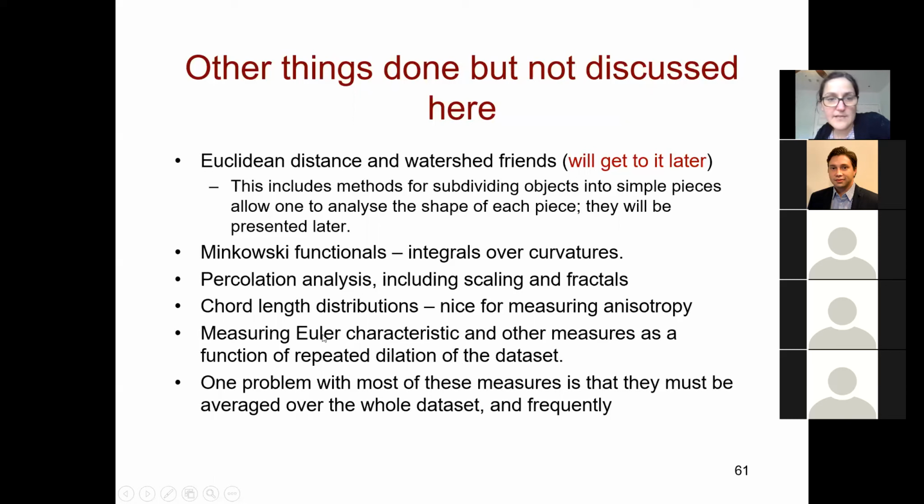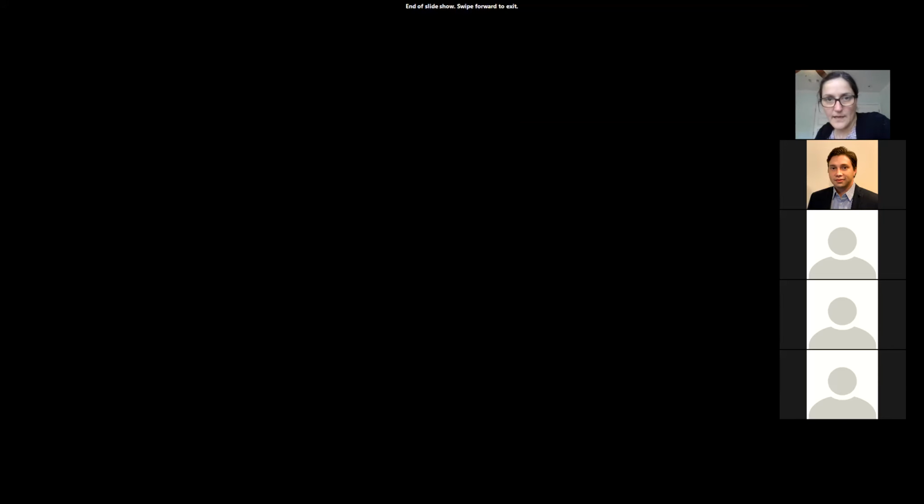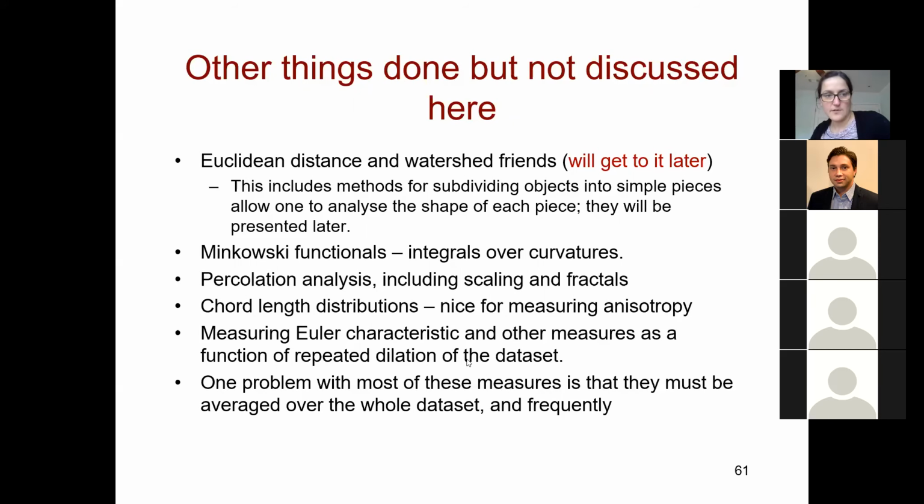Different types of percolation analysis, fractal dimension, those all technically exist in ImageJ and you can play with them, but there are just so many things that we can fit into one course. So I think Euler characteristic is one good starting point, but other than that, we're not going to focus on Minkowski functionals, percolation, or the two-point correlation function.